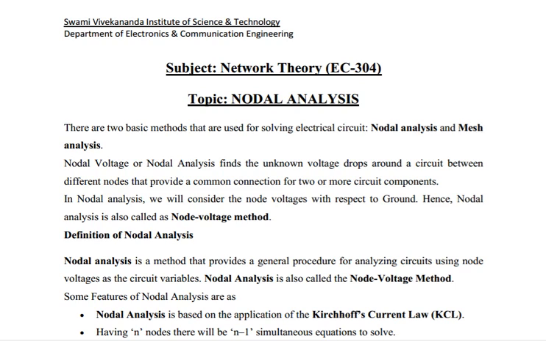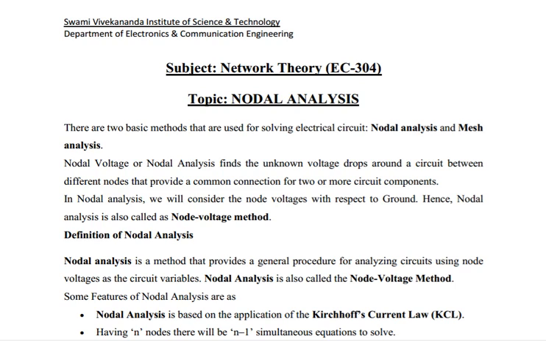There are basically two methods used for solving electrical circuits. One is nodal analysis and another one is mesh analysis. Nodal analysis finds the unknown voltage drops around a circuit between different nodes that provide a common connection for two or more circuit components.